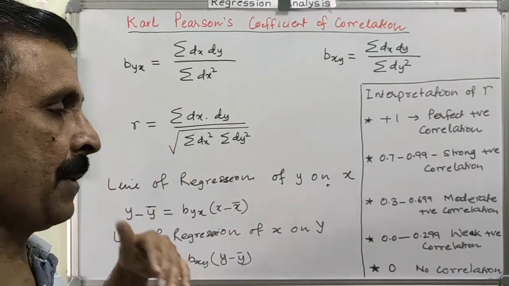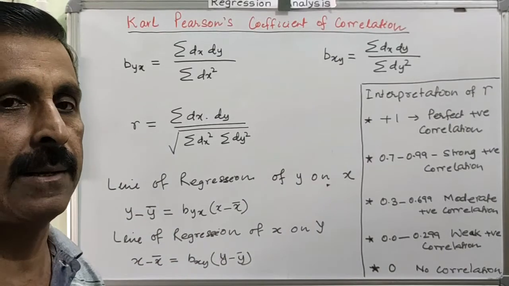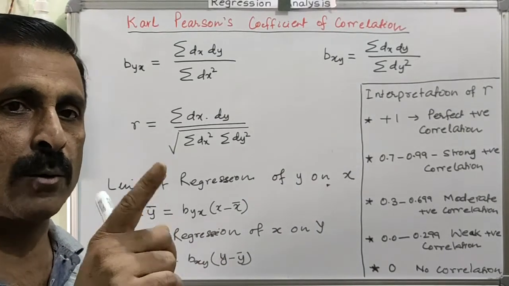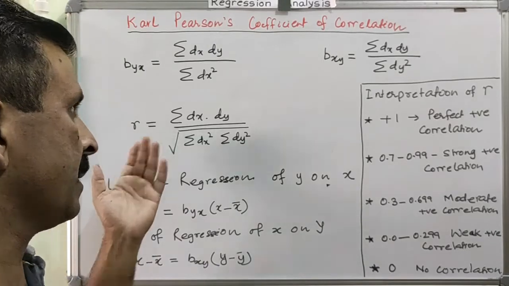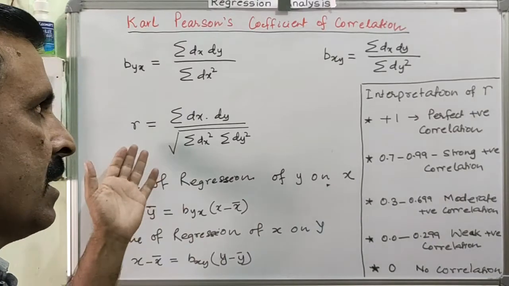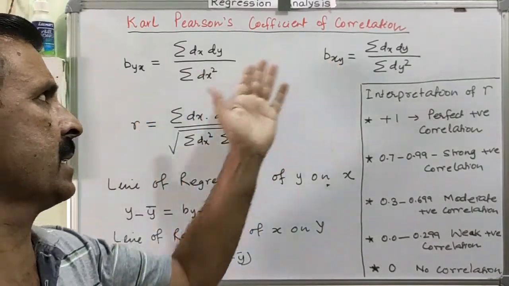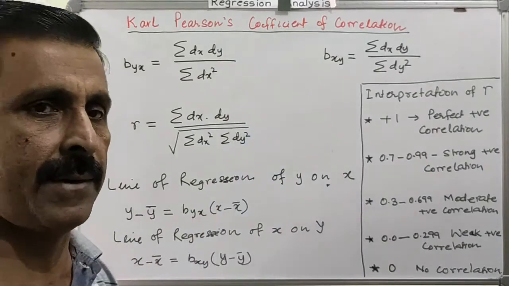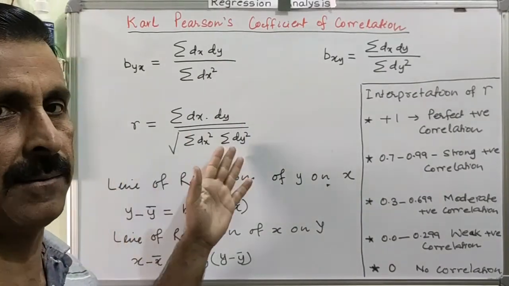Now, in the previous questions, you might have noticed that we calculated the correlation coefficient by using the formula square root of bxy into byx. Is this okay? Here also we can use the same formula, but since we have calculated these regression coefficients in terms of deviations, it is better to have the correlation coefficient also in terms of deviation.